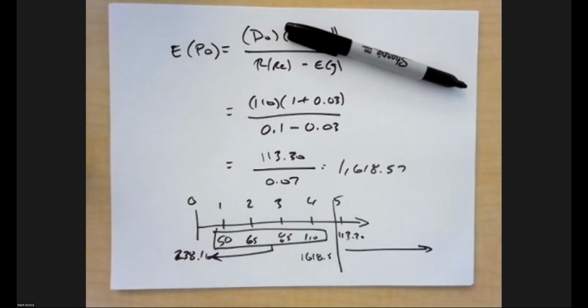So if we're trying to figure out how much this firm is worth today, we've said that the first 4 cash flows are worth 238 today. What do we need to do to figure out the full value of the firm? So it's 238 plus something else, right? It's whatever this is worth.